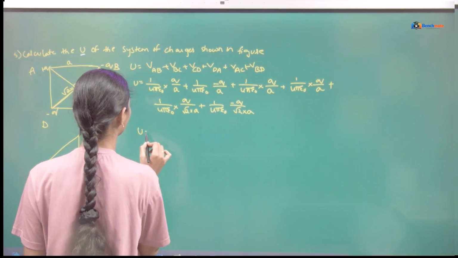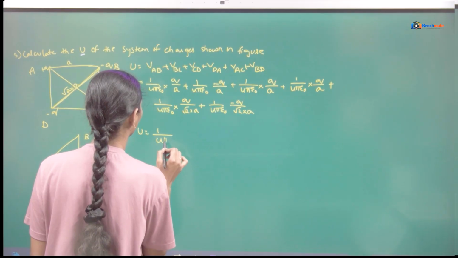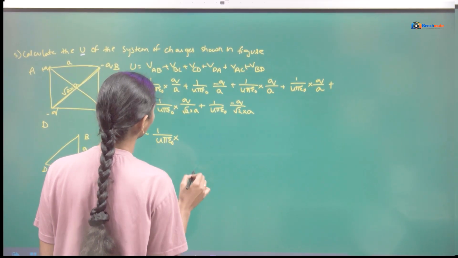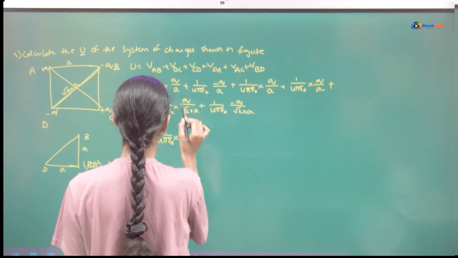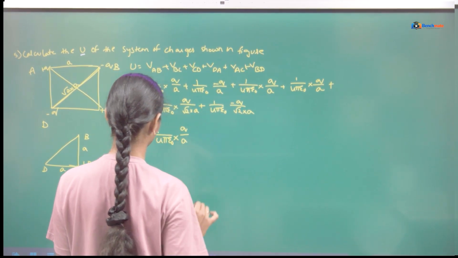From everywhere, 1 by 4 pi epsilon naught into, in the numerator Q is common, in the denominator A is common.